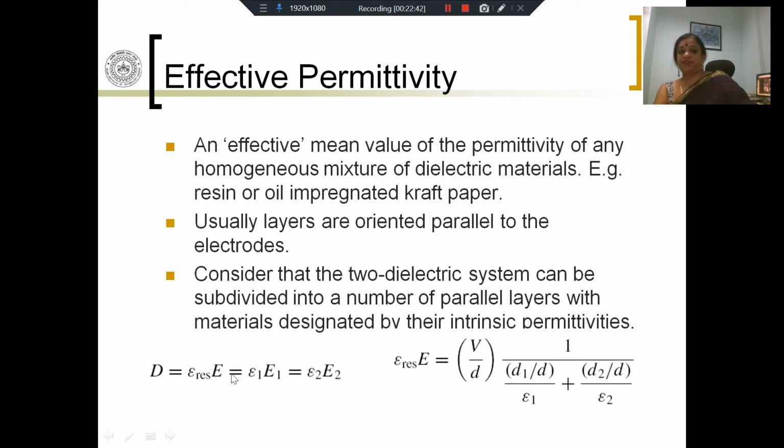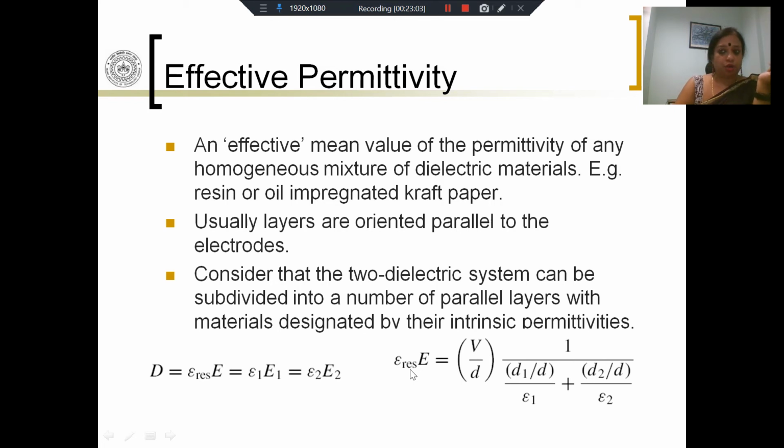So the effective permittivity is essentially the ratio between the total flux density and the average field stress inside the material, and this will also be equal to D in every material. So it will be equal to epsilon 1 E1 equal to epsilon 2 E2 and so on and so forth.